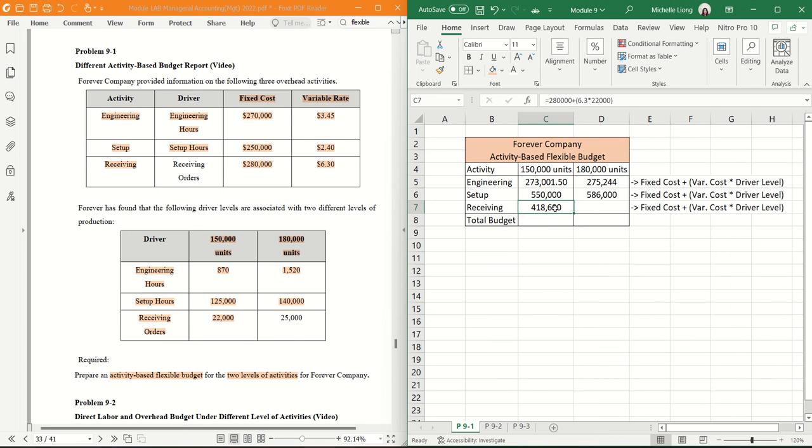Okay, we got it. Continue with this one, we just change 22,000 to 25,000, and yep, we're done. Just need to add all of those, and we get the total budget. And it's all done for problem number one. Continue to problem number two.